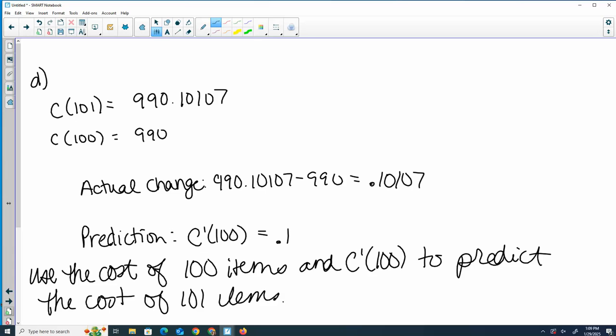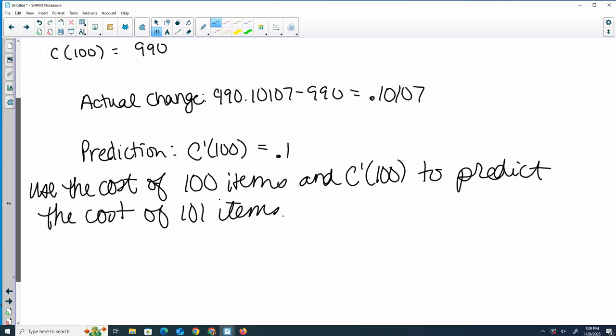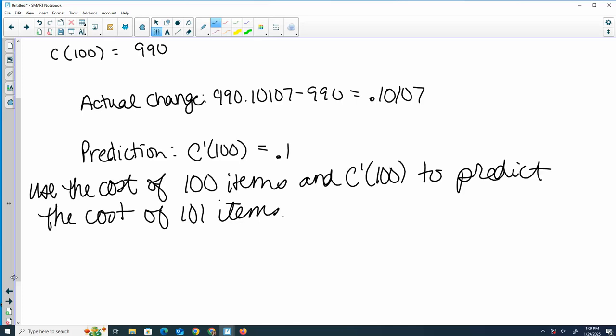We found the cost of 100 items is 990. Based on our derivative, we would expect the cost to go up by 10 cents. So then my predicted cost would be 990.1. So we could do it a couple different ways. We could find the true cost, or we could use it to make a prediction about our costs. All right, so is that okay?